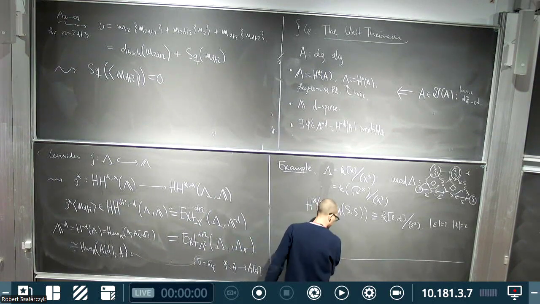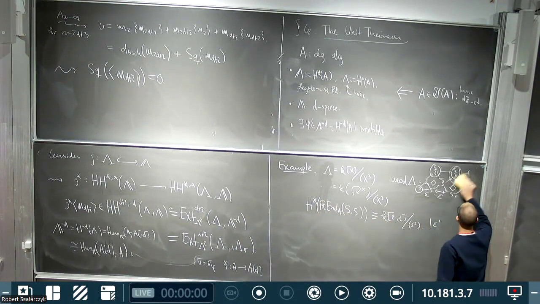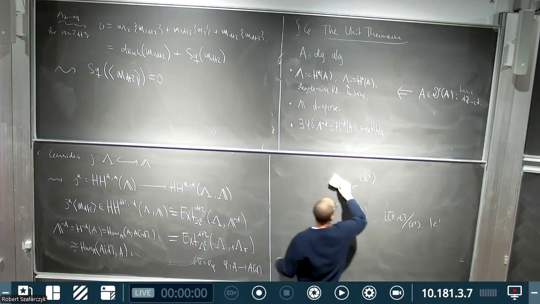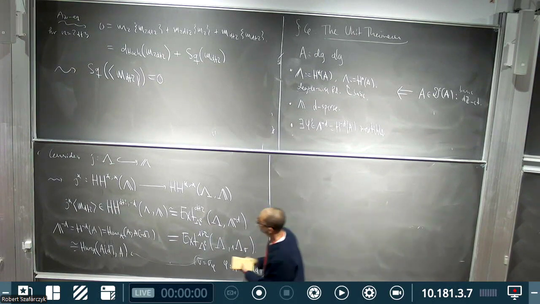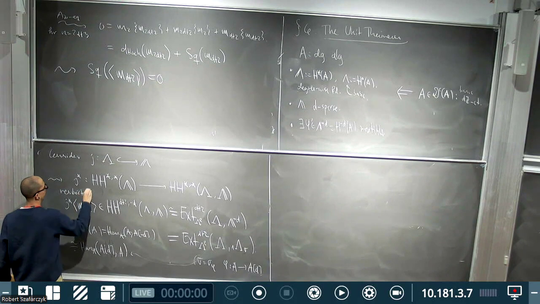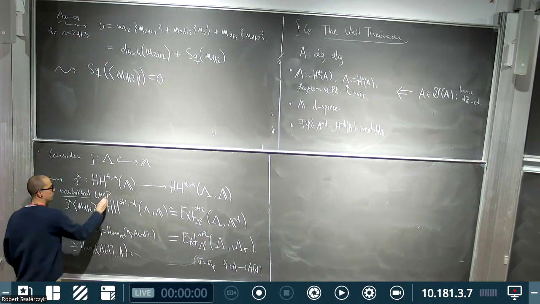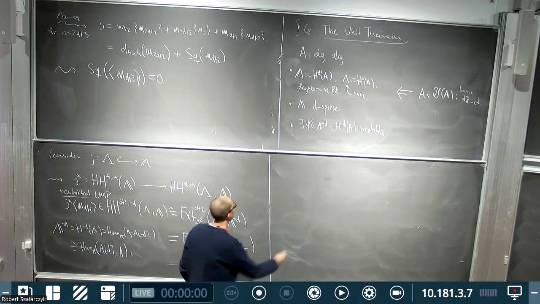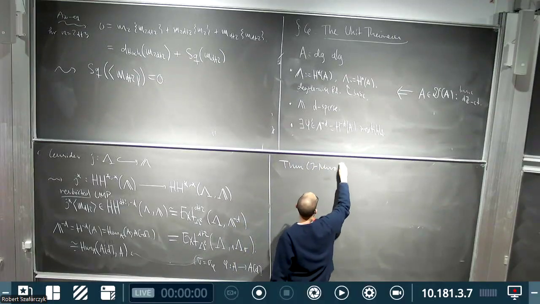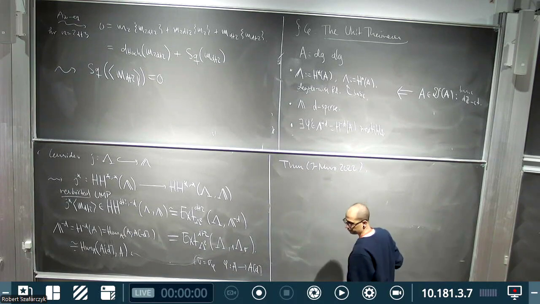surprisingly, I have enough time to write the theorem. So this class is called the restricted universal Massey product of length equals 2. Then we have the following theorem. This is in the first paper.